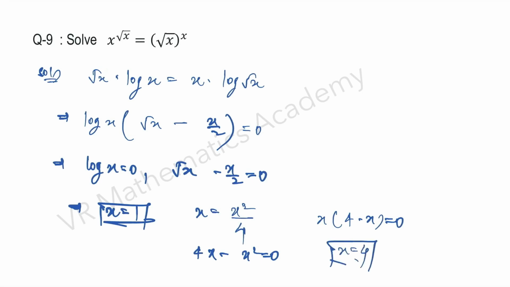So we find that x will be equal to 4 and x should not be equal to 0, because already we found that. So we find that the solution of this equation will be x is equal to 1 or x will be equal to 4.